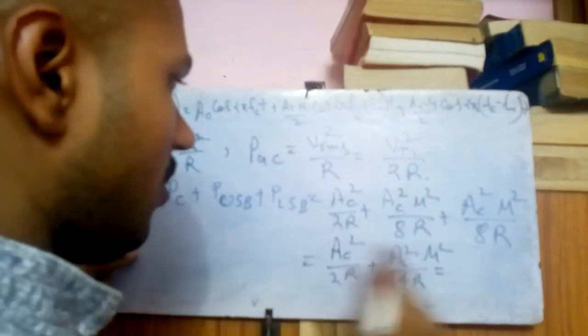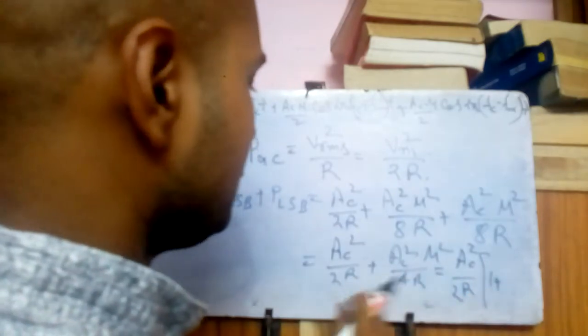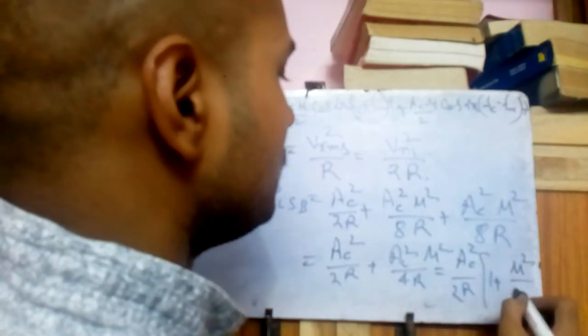We will take common AC square by 2R, then 1 plus mu square by 2.